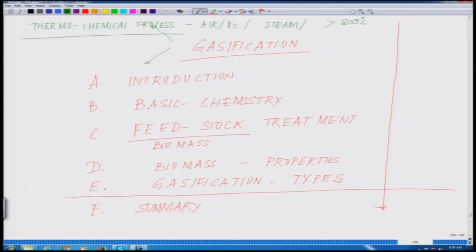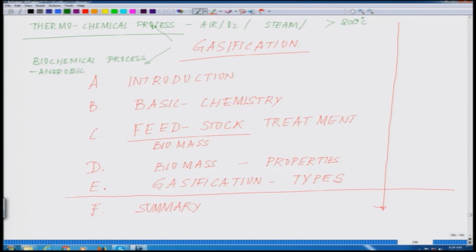Whereas the other route is the biochemical process, which is a very lucrative route. This route essentially uses microbes, mostly anaerobic microbes.